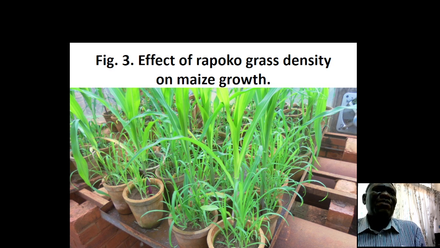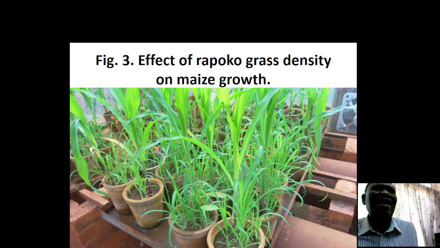Here is an example of a study where somebody was trying to determine the effect of Rapoco density on maize growth. You can see, using just pots, you plant your maize, you also plant your wheat at different densities.